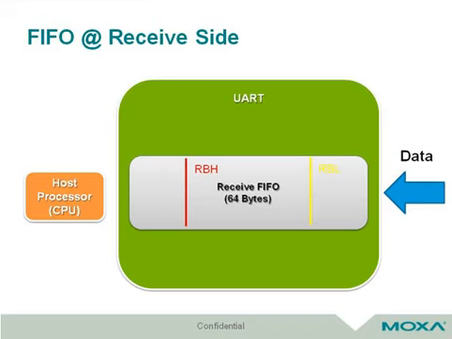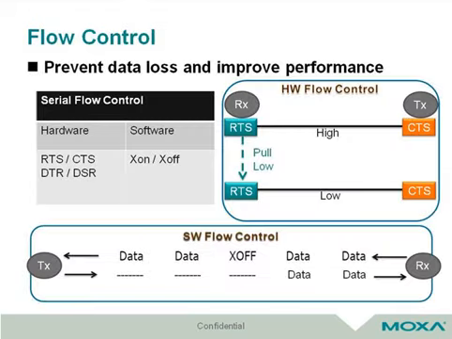If the data size is over RBH, receiver will use some way to inform the transmit FIFO to stop transmitting data. If the data size is less than RBL, receiver will use some way to inform the transmit FIFO to start transmitting data. Flow control is the way to prevent data loss and improve performance, which works with RBH and RBL as we mentioned before.